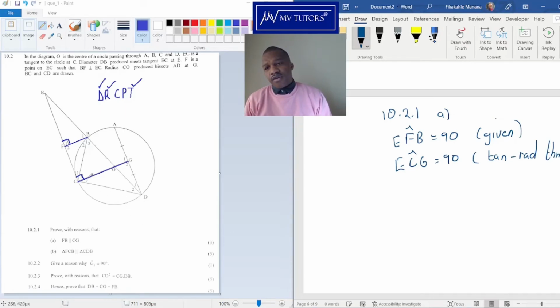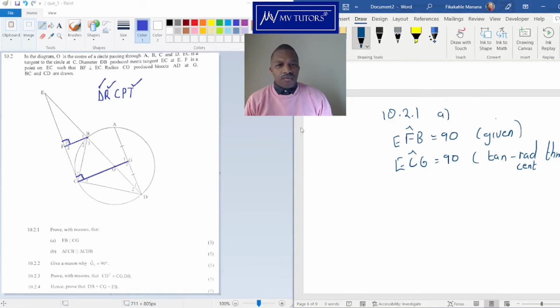The Tan-Rad theorem says that the angle between a tangent and a radius is always going to be 90 degrees. You can also say tan center: the angle between a tangent and a line from the center is always 90 degrees.